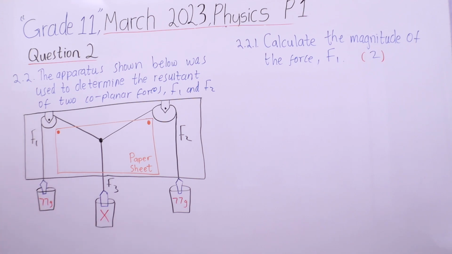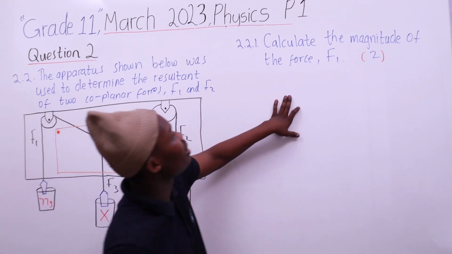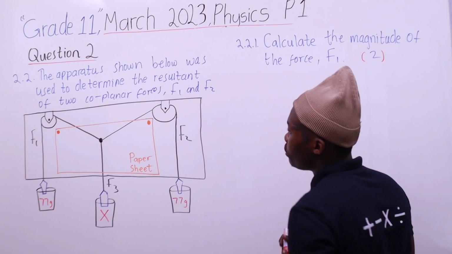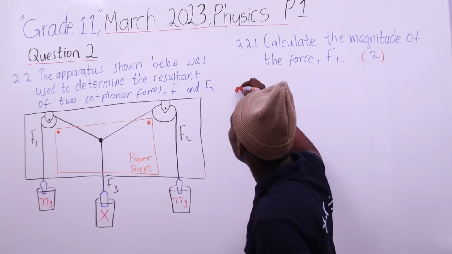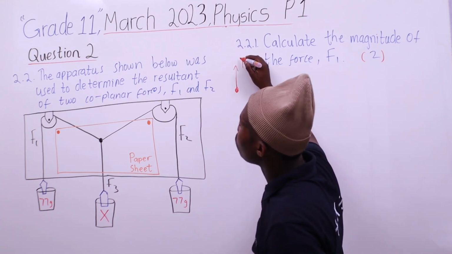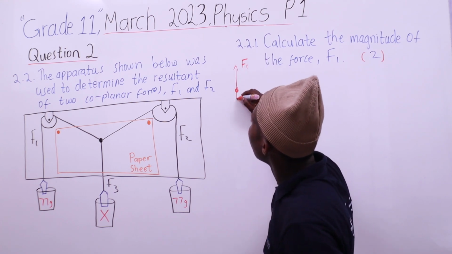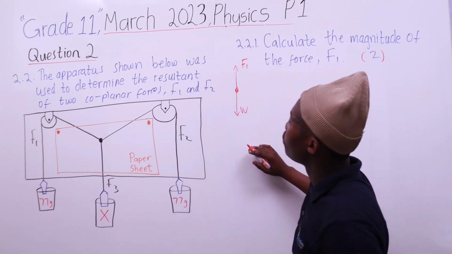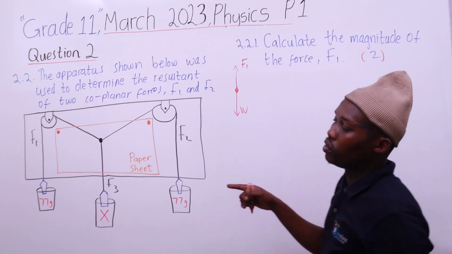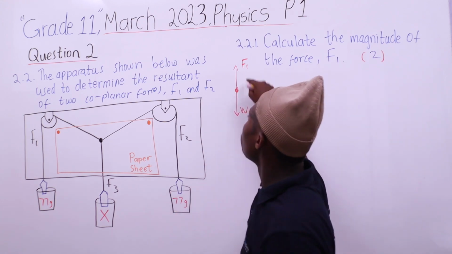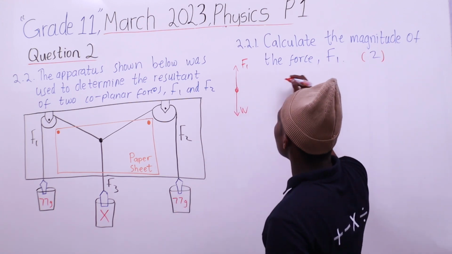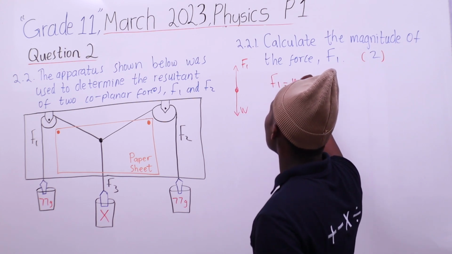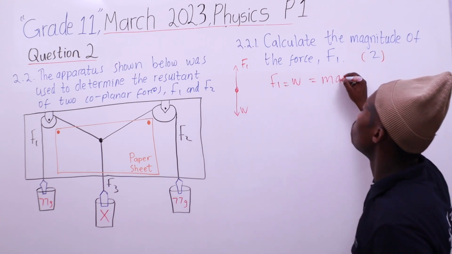So if we draw a free body diagram, here is force 1, and here are the weights. This is not moving, therefore these two are equal. F1 is equal to W is equal to mg.